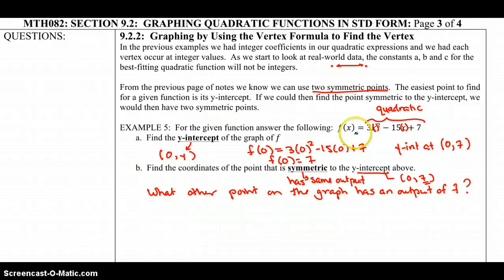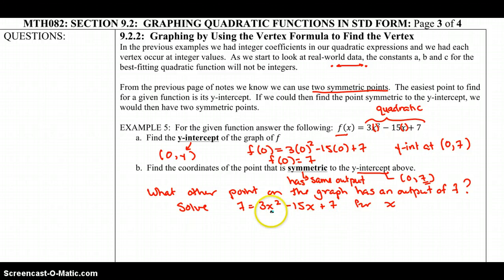So we put 7 for our output, and we're trying to find the input values of x that give us an output of 7. We want to solve this equation for x, to find the values of x that make this equation true.